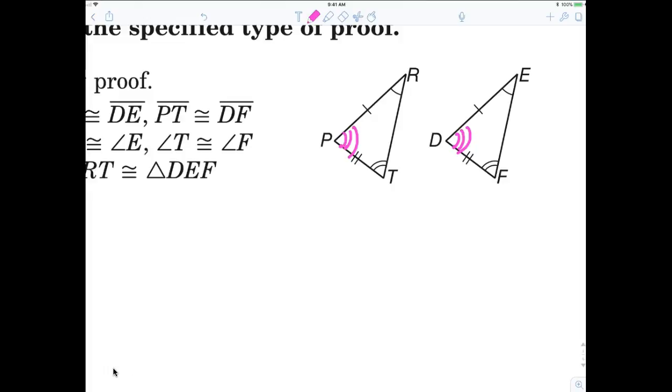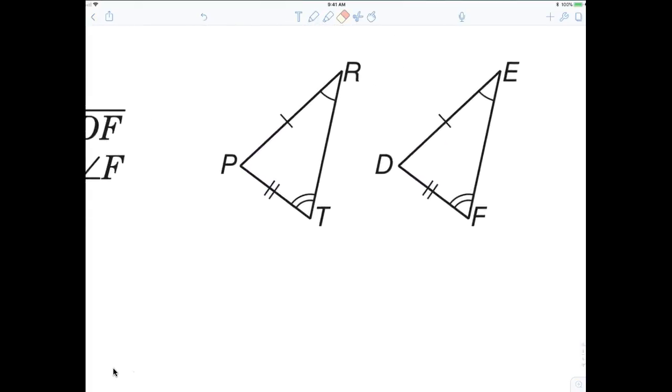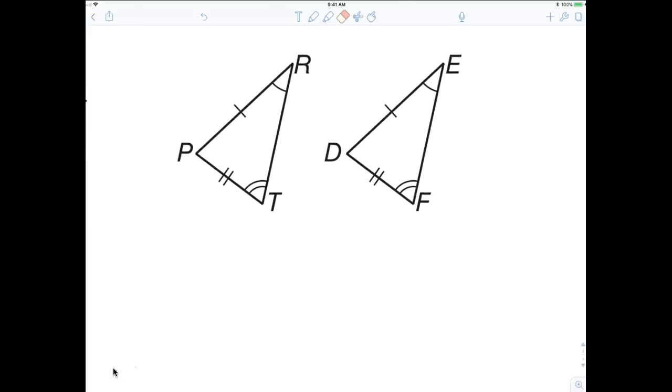Say that again. How do you have side angle side there but not before? Okay, I'm going to try to explain why. I'm doing side angle side, so here's a side, this is the angle.